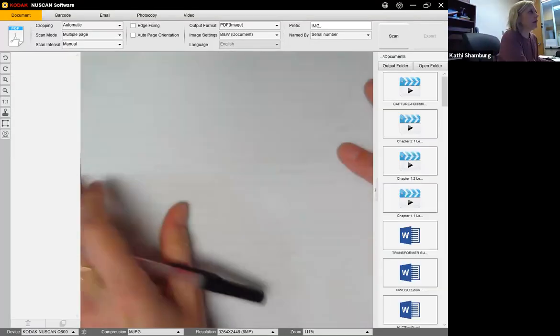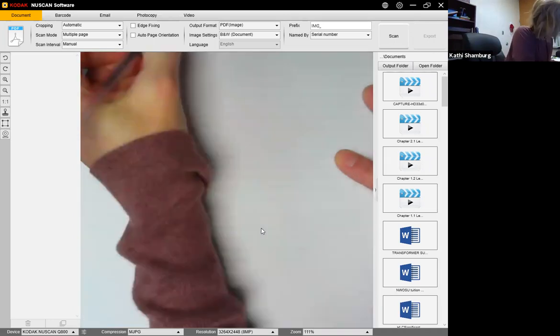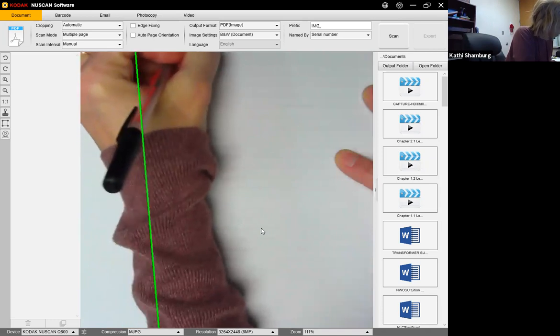So 3.3, or this section, is optimization.